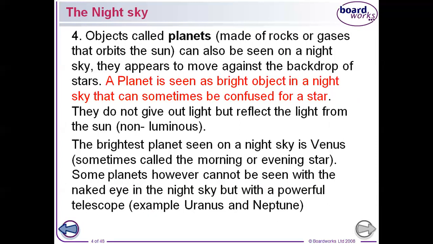So objects called planets, made up of rock and gases, are what we call planets. Some of these planets are visible in the night sky.